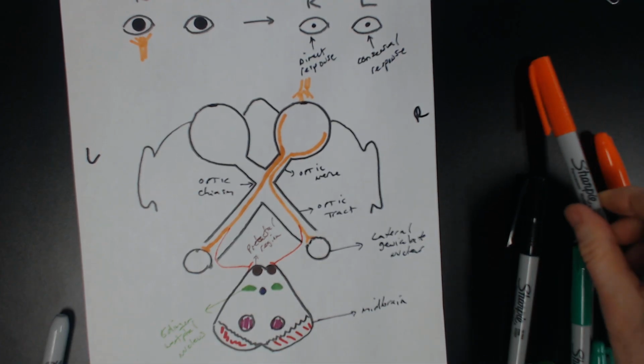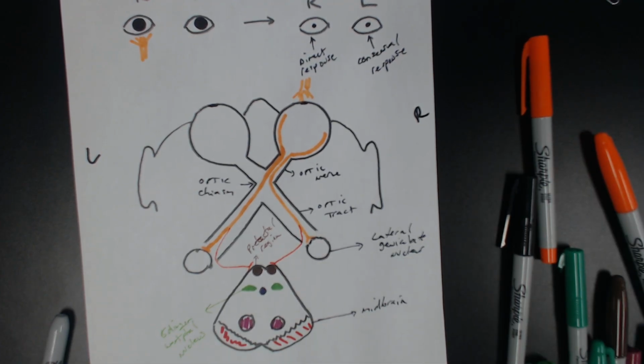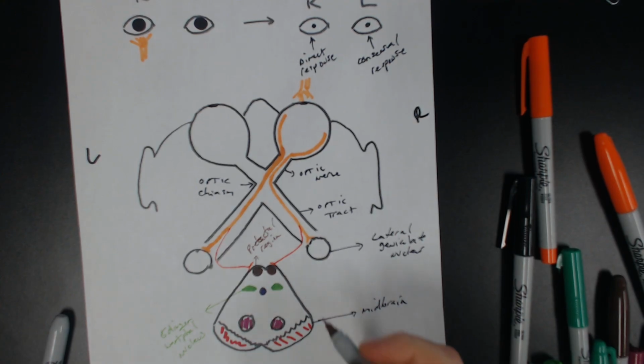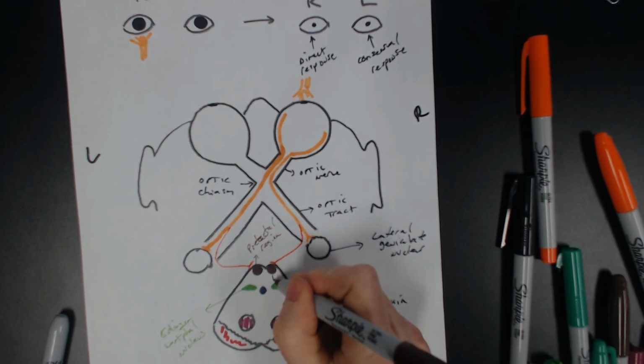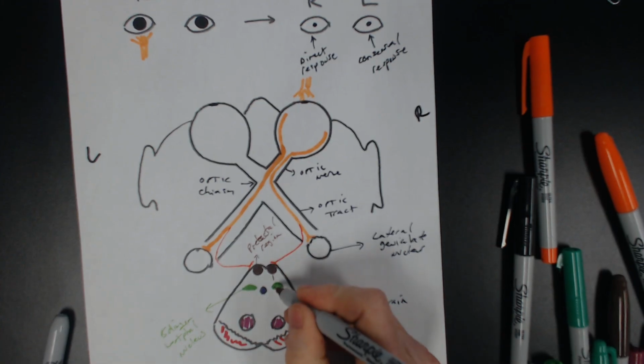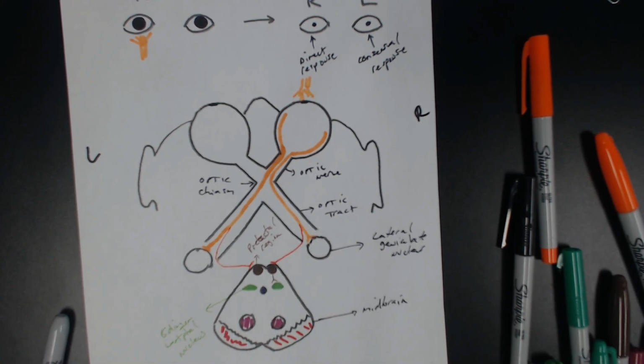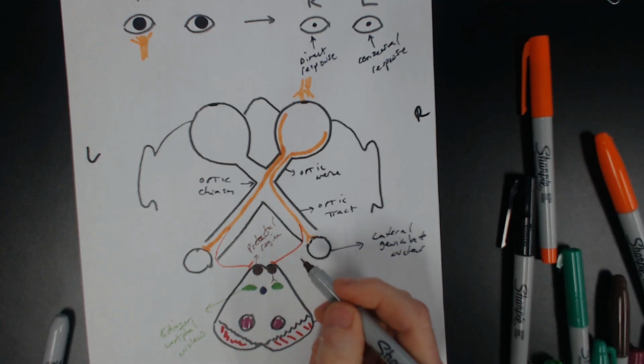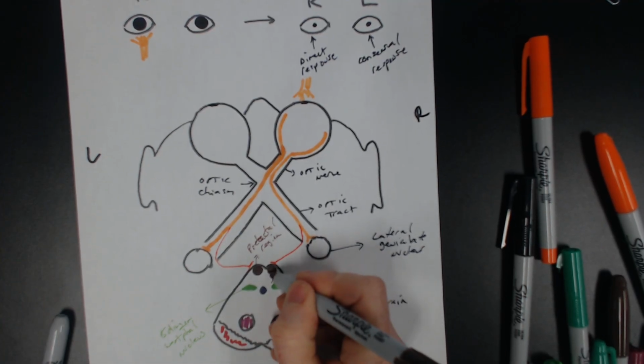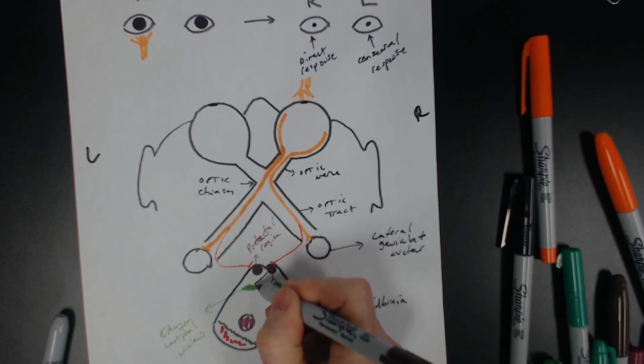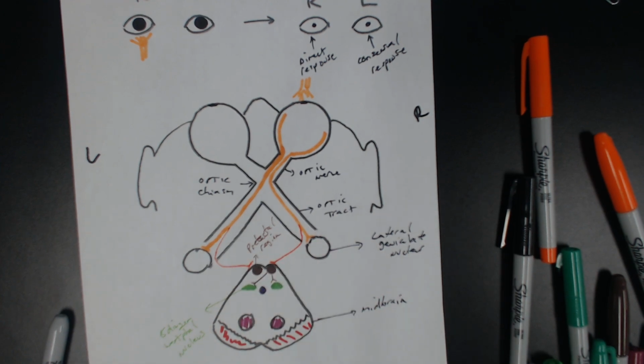And then the pretectal region sends out axons that synapse with the ipsilateral Edinger-Westphal nucleus and the contralateral Edinger-Westphal nucleus.